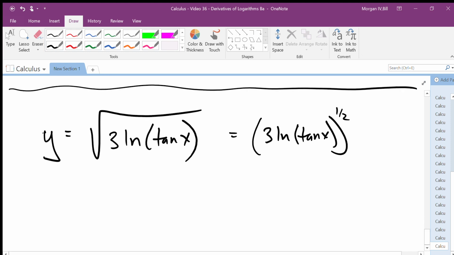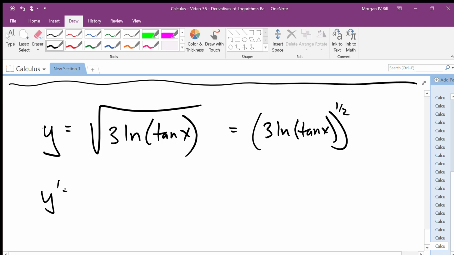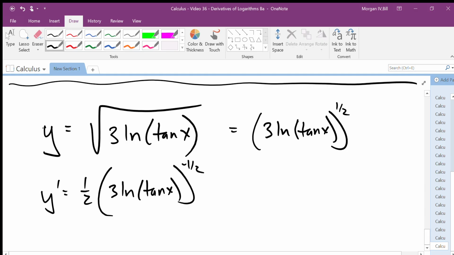So let's try our derivative here, y prime. We'll bring the 1/2 out front of whatever is on the inside, now to the negative 1/2 power, times the derivative of the inside. So this is kind of that middle inside: the derivative of 3 natural log tangent of x. Well, that's 3 times the natural log.